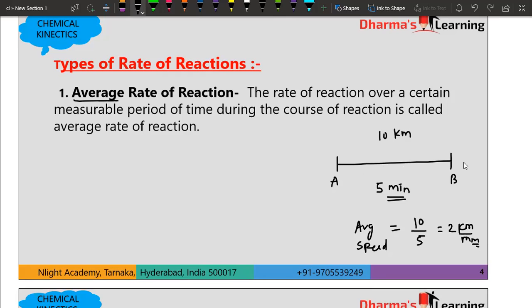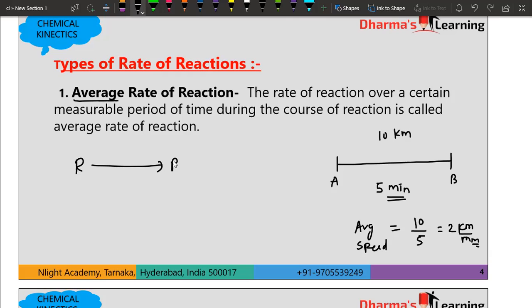But when I say average, we are calculating the average over a particular period of time. Similarly, when I'm talking about a chemical reaction in which the reactant is converting into product, if I want to find the average rate, I will take the final concentration over a particular range of time, that is 0 to 10 minutes, it may be 0 to 5 minutes, 0 to 1 minute, or 10 to 15 minutes.